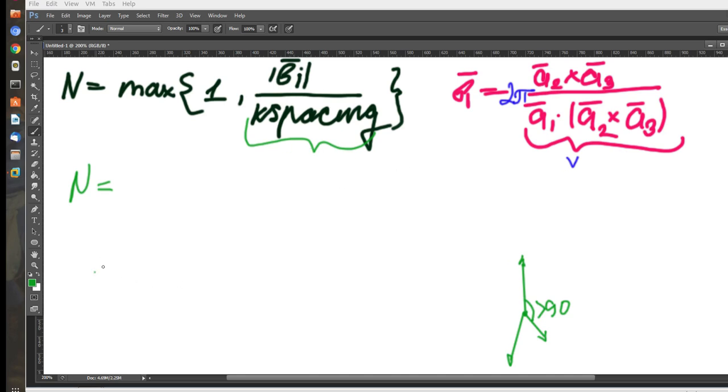Let's say that the absolute value of b1 is 3, and k-spacing is equal to 1. Obviously we will have 3, and that is our number of k points in our unit cell.